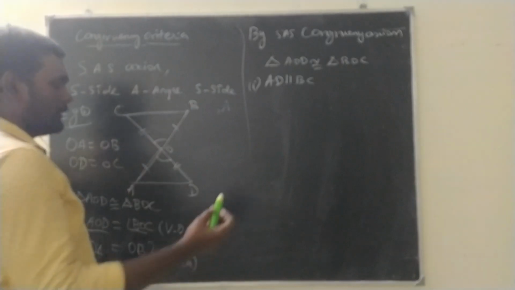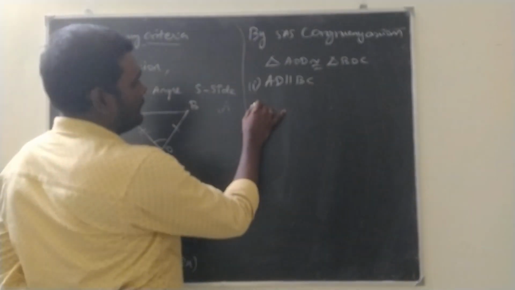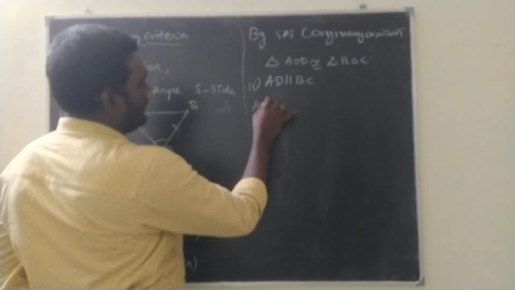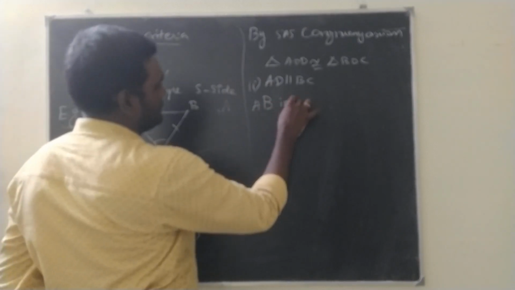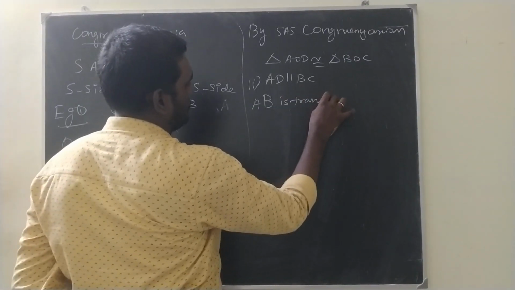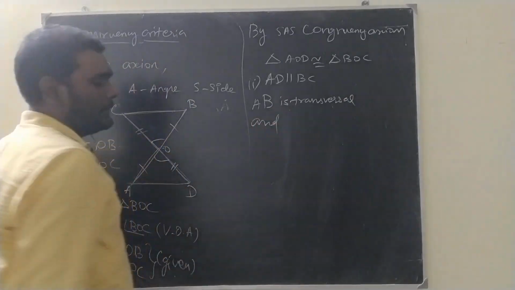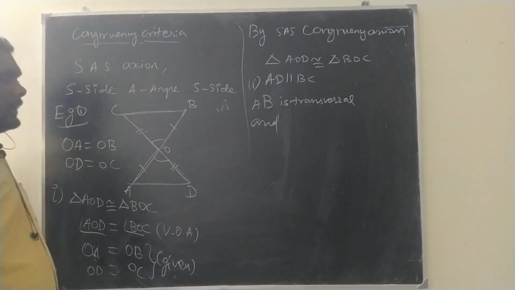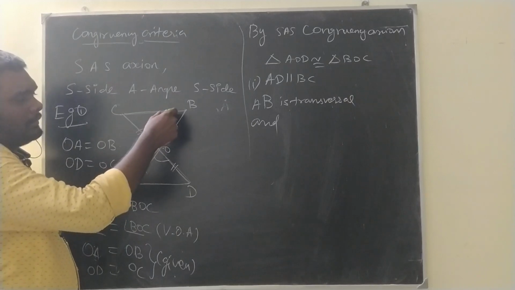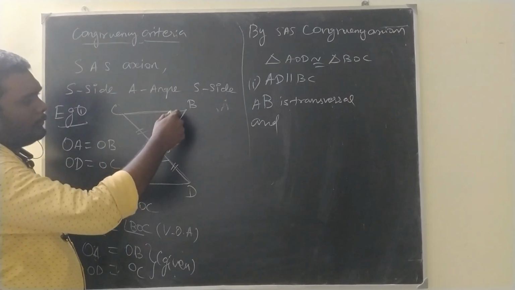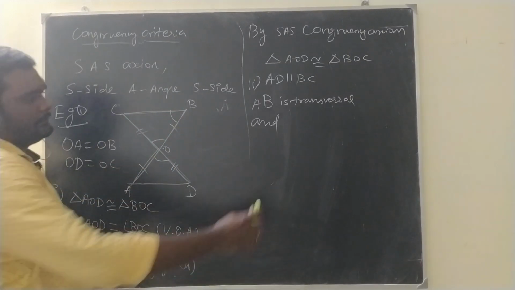Okay. So clearly, if you take AB as transversal, and the angle, what is this? OBC.